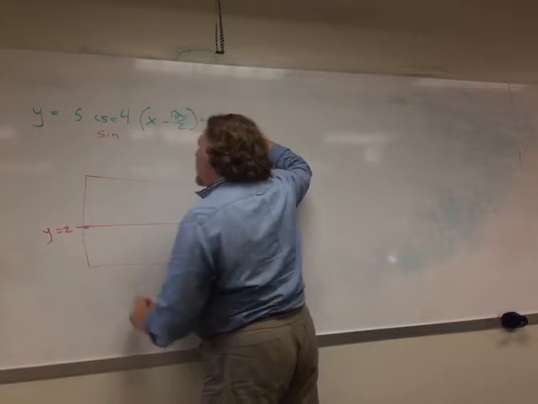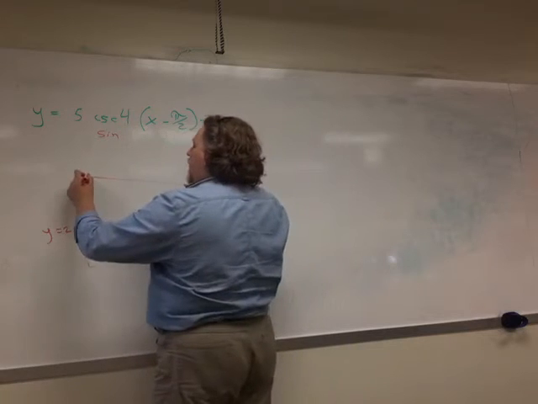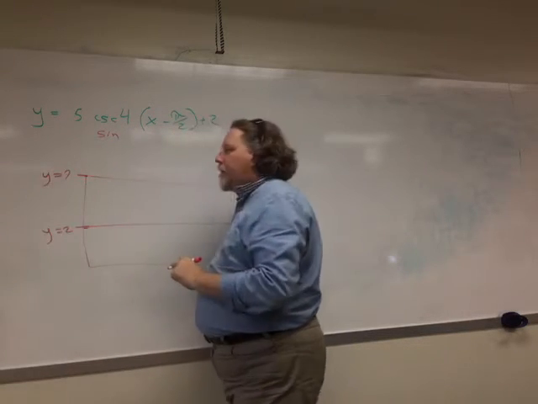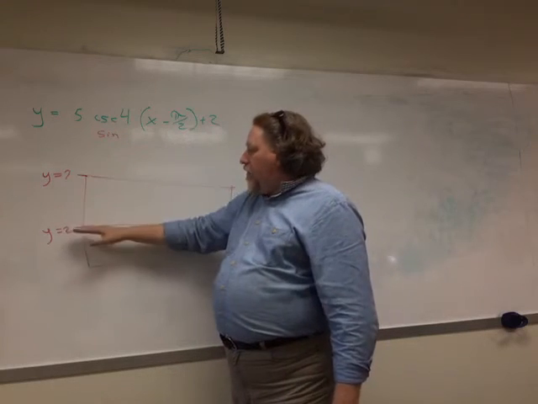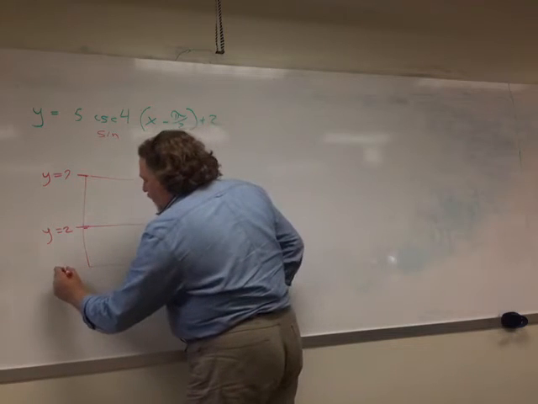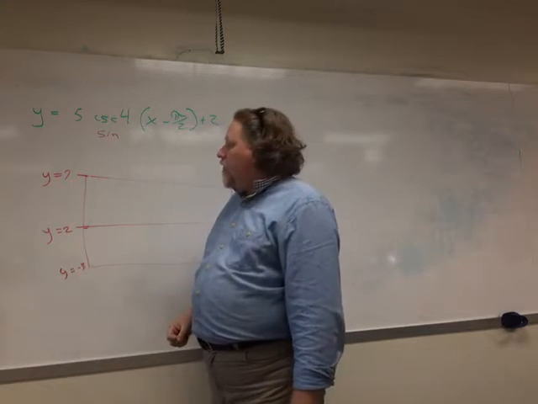Y equals 2. My amplitude is 5, so I'm going to go up by 5, which means this is 2 plus 5, y equals 7. From 2 down by 5 puts me at y equals -3. And that's the lowest my graph goes.